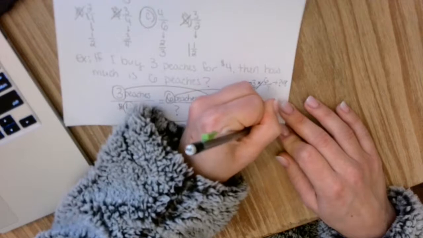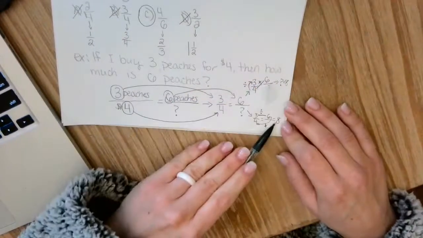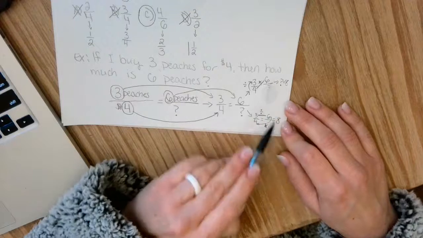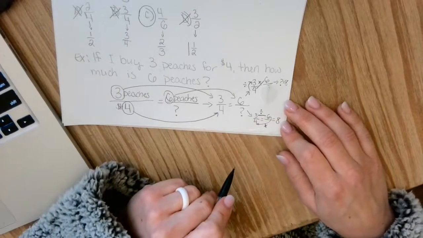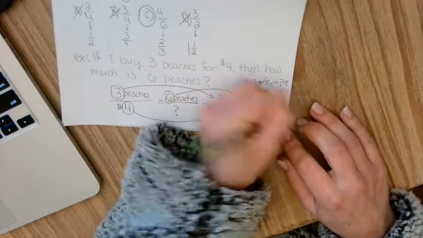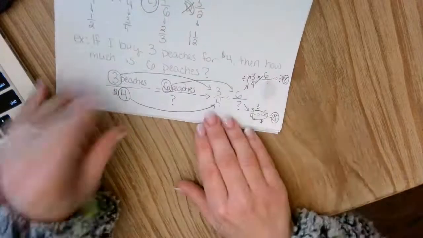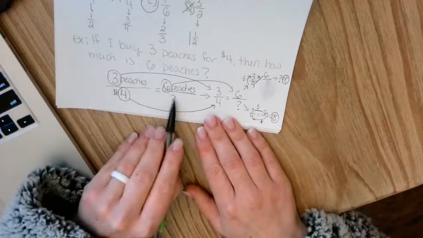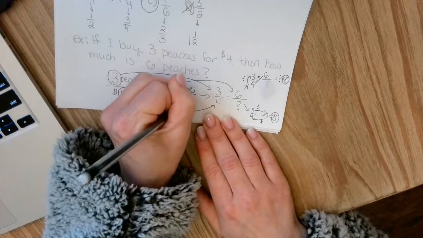So 2 times 4 is 8. And look at that, I still get the same answer either way I do it. So my question mark is 8. So then, how much is 6 peaches? 6 peaches would be $8.